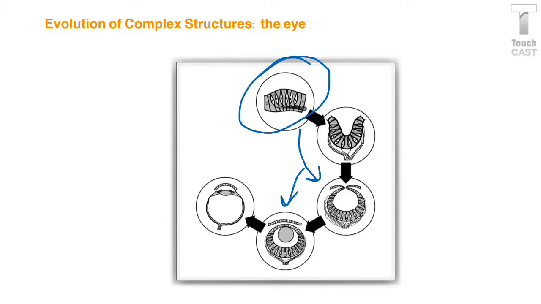It was a blurry image, but again, after more and more generations, eventually that eye got even more refined, the image became clear, and around the same time as that, they think you probably started to get color vision in organisms. So this is just an example of how a complex structure like an eyeball takes a really long time to evolve, and it goes through many phases where it gets more complex, more refined, more perfected.